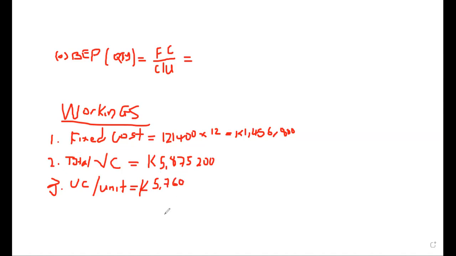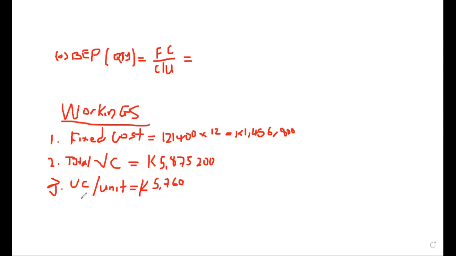Okay, so this is our variable cost per unit, and it is constant. Are we together so far? Are we at the same pace? Yes, sir.